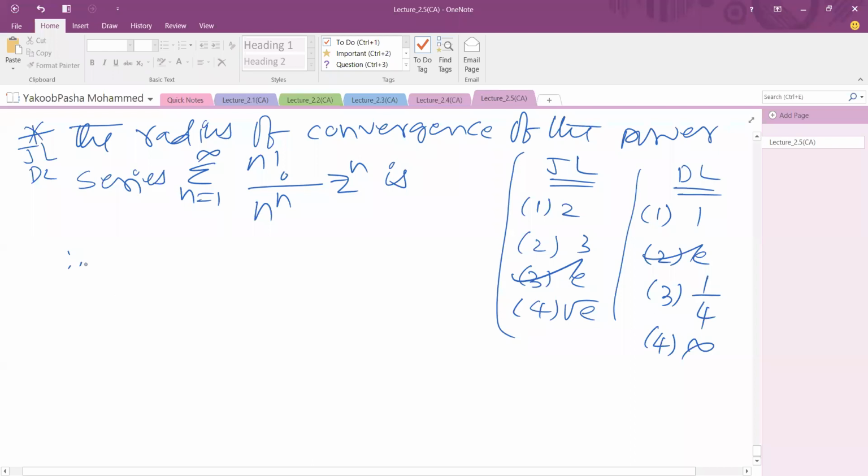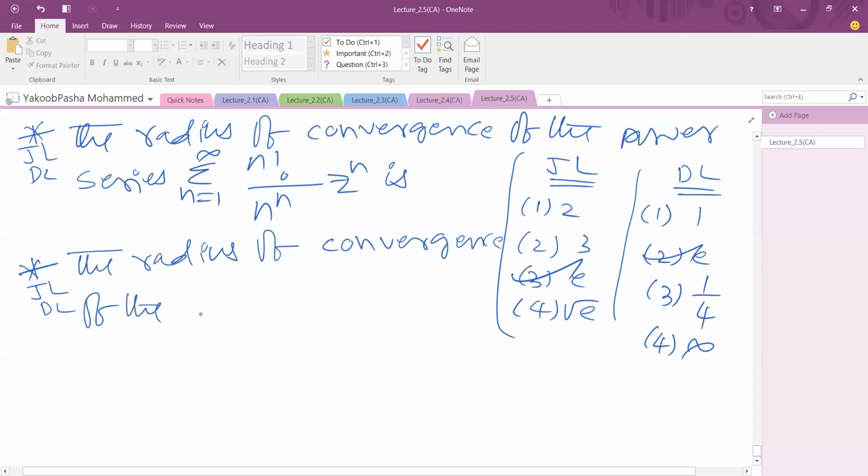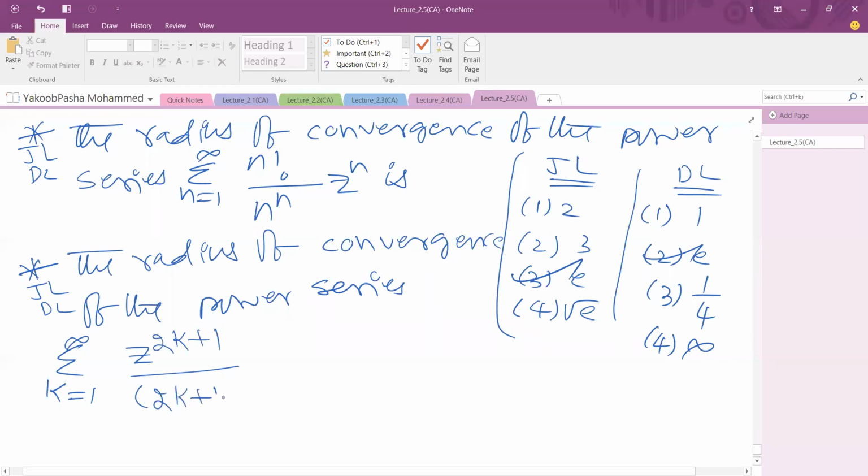Okay, I am taking another problem. The radius of convergence, in JL and also from DL, of the power series, summation k is equal to 1 to infinity, z power 2k plus 1 by 2k plus 1 factorial.